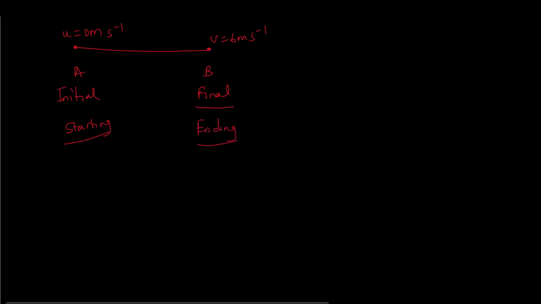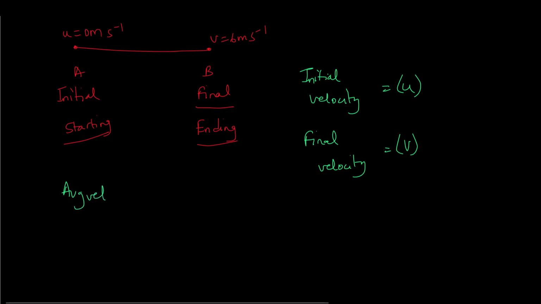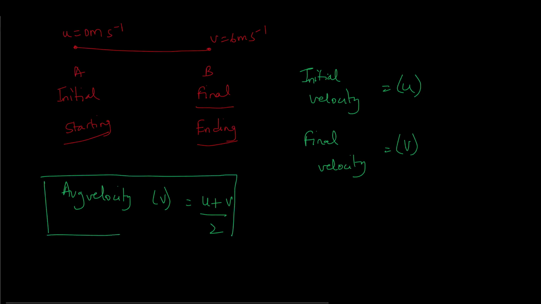Initial velocity is represented by u, whereas final is represented by v. So from this you can say average velocity v is equal to u plus v by 2. This is another formula associated with average velocity.